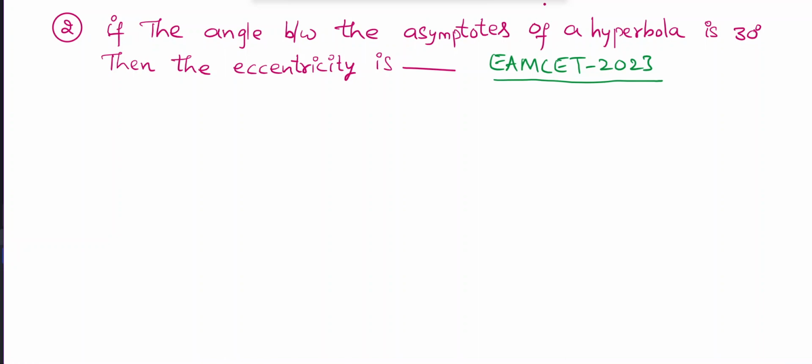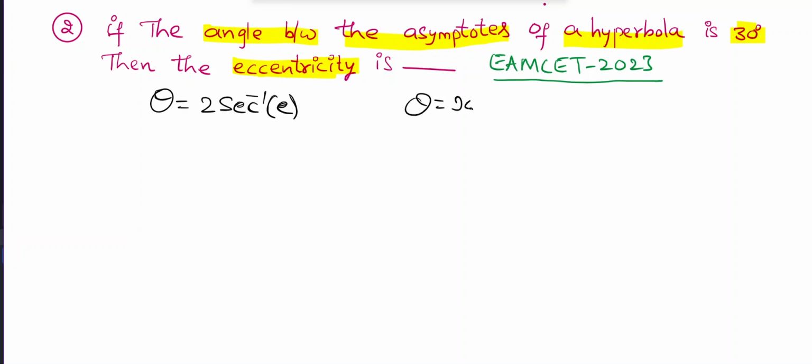The second question. If the angle between the asymptotes of a hyperbola is 30 degrees, then the eccentricity of the hyperbola is? We know the formula: θ = 2 sec⁻¹ e. This is the formula for finding the eccentricity of the hyperbola. Here θ = 30 degrees.